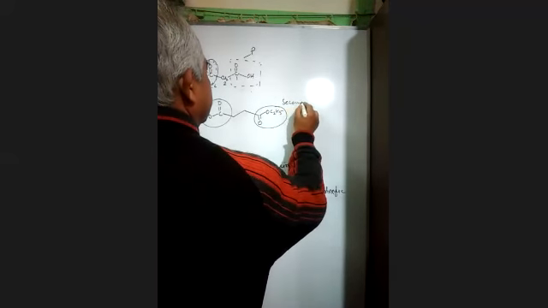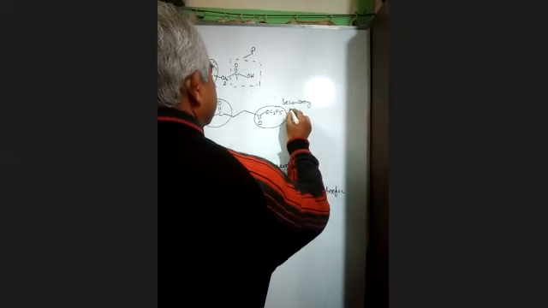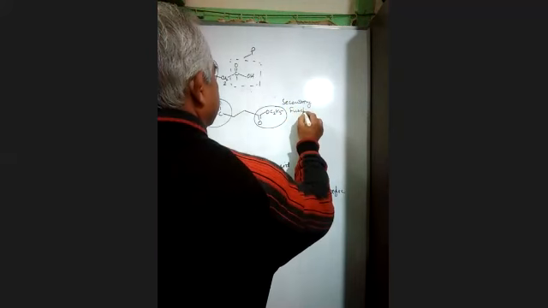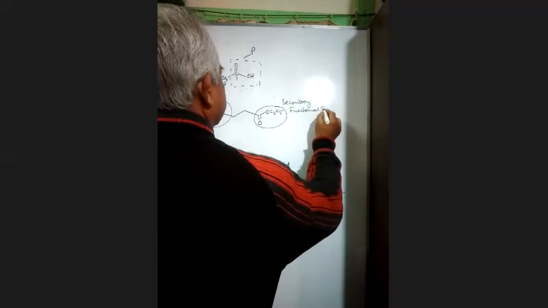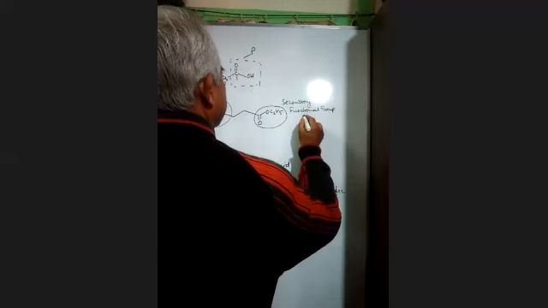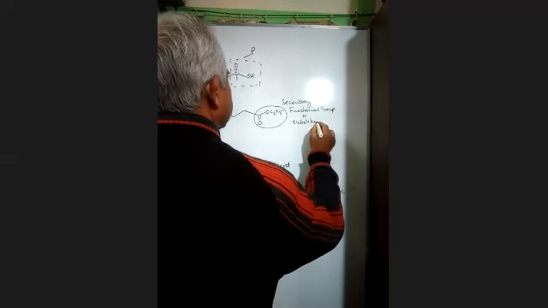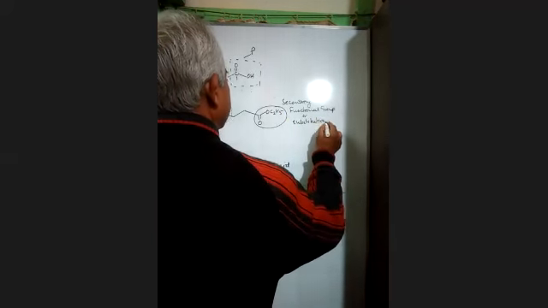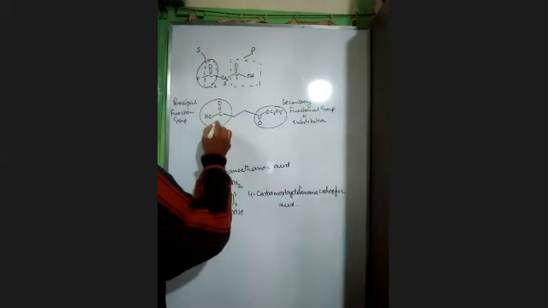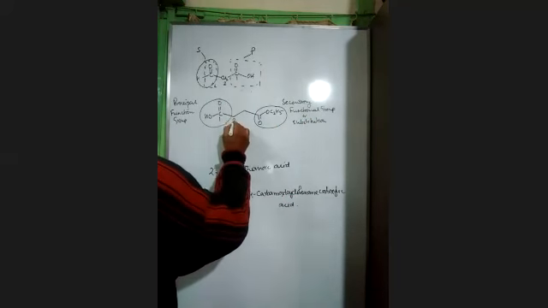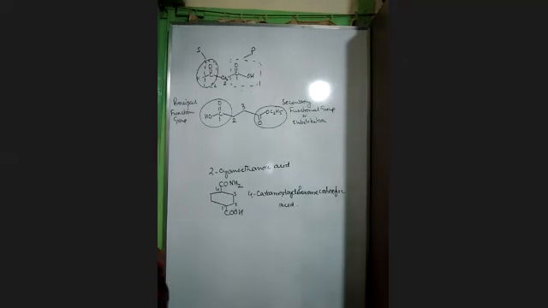This is the secondary functional group, or we will consider as substitution. That is, please remember, whole group is substituted here. So the numbering will be like this: 1, 2, 3. We will not number this carbon.